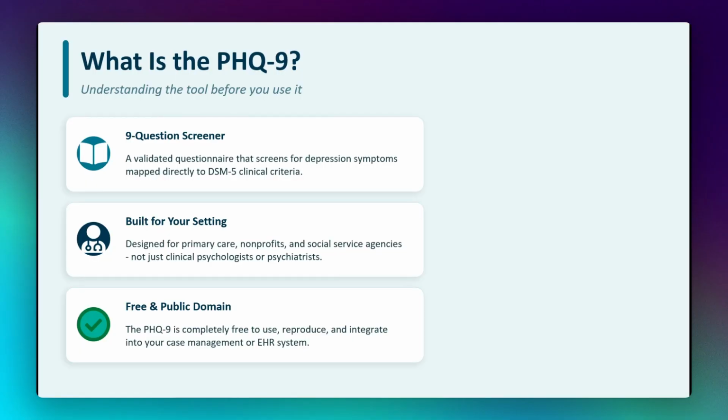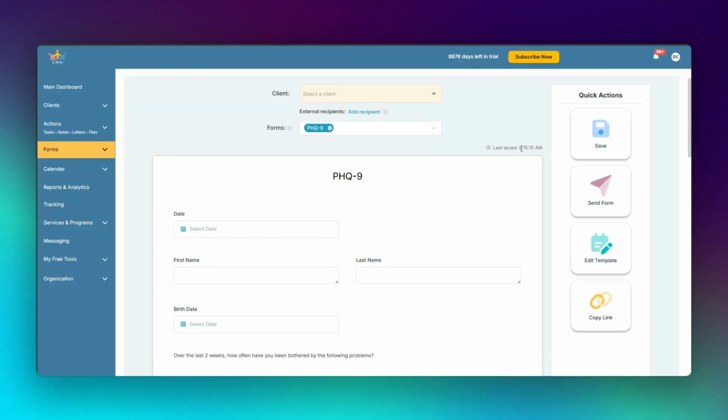We'll start with the basics. The PHQ-9, or Patient Health Questionnaire-9, is a 9-item screening tool. It's used to assess the presence and severity of depression symptoms.